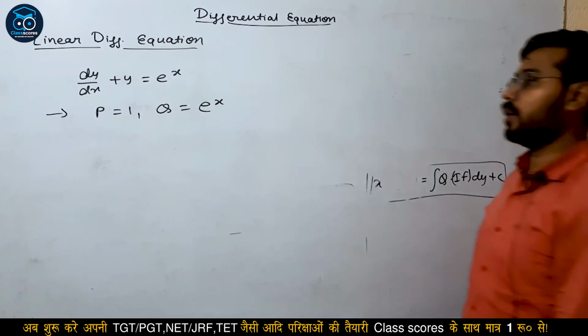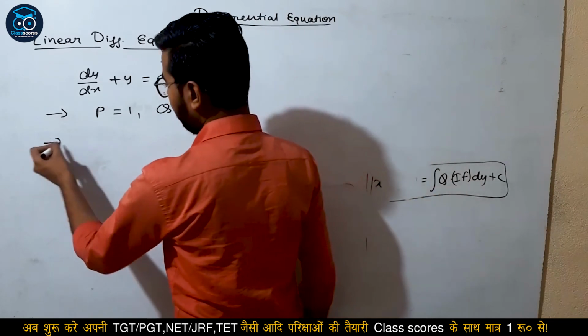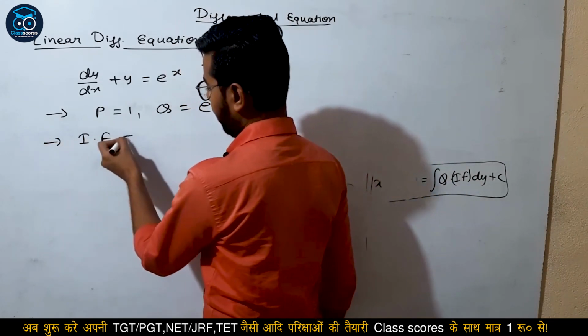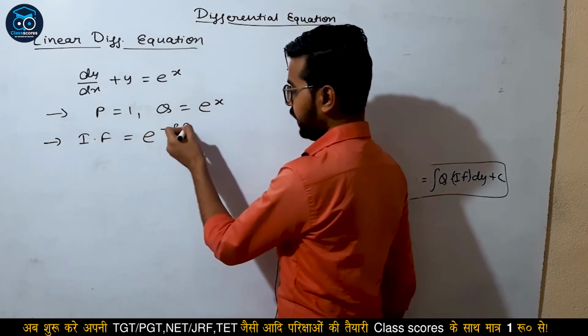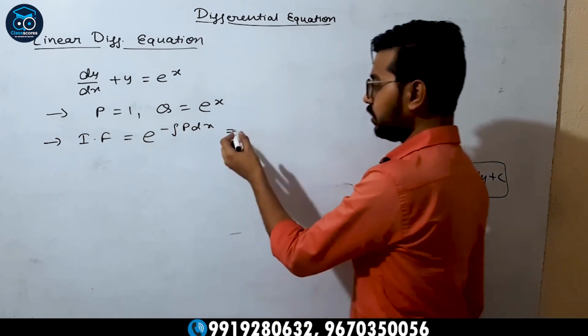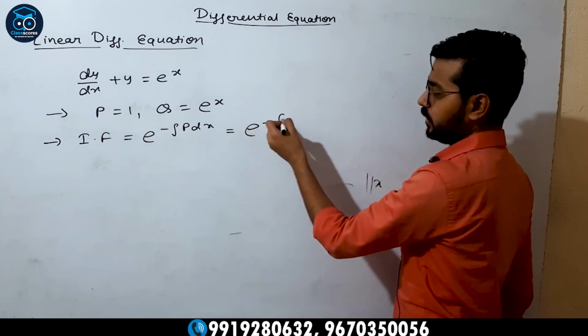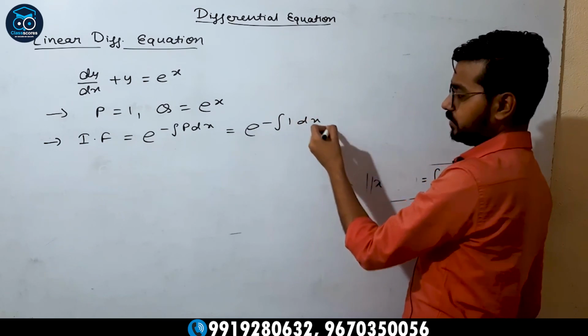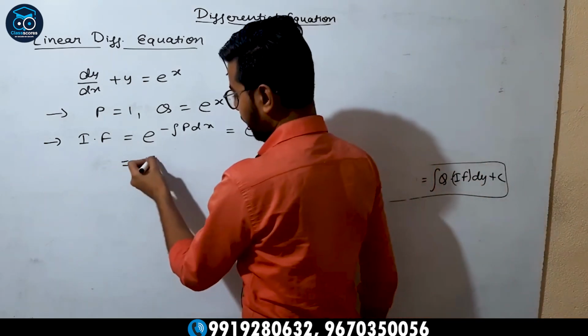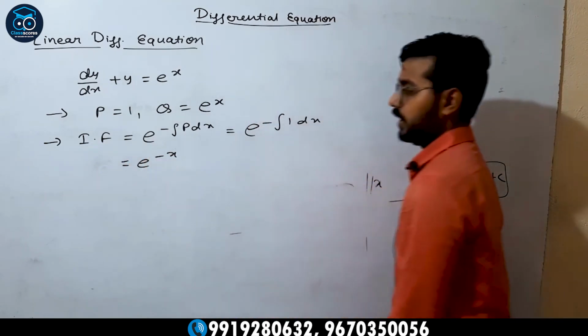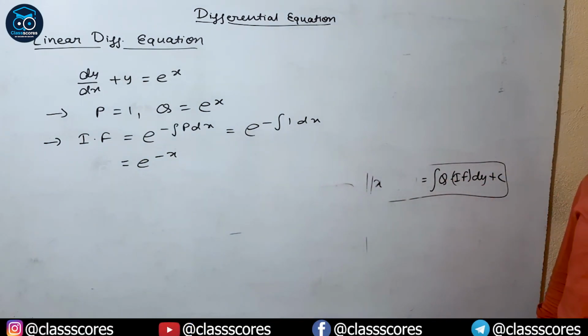Clear? Now moving towards our second step, to find the integrating factor, that is e to the power integration of p dx. When we substitute the value, that is 1 dx, we get e to the power x. This is our integrating factor.